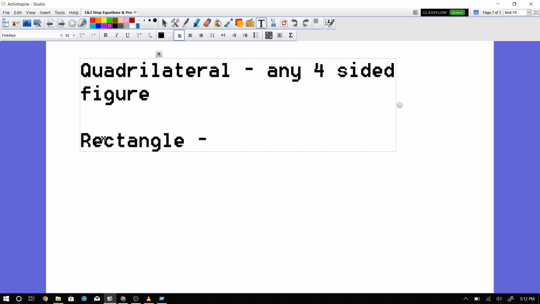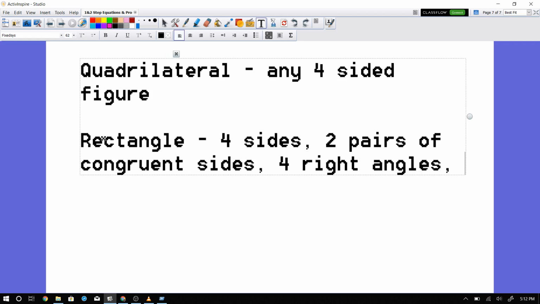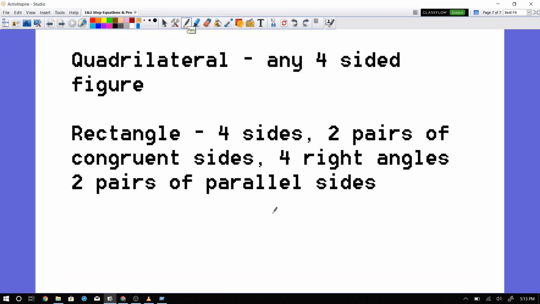You told me that it had 4 sides, 2 pairs of congruent sides, 4 right angles, and if you wanted to go a step further, you could say that it has 2 pairs of parallel sides, which would look like this. So there's 1 pair of parallel sides.